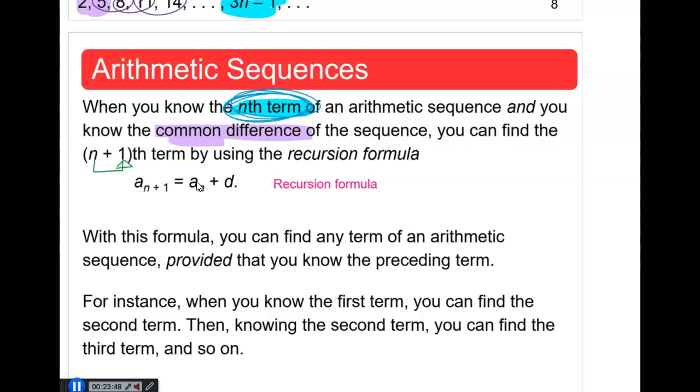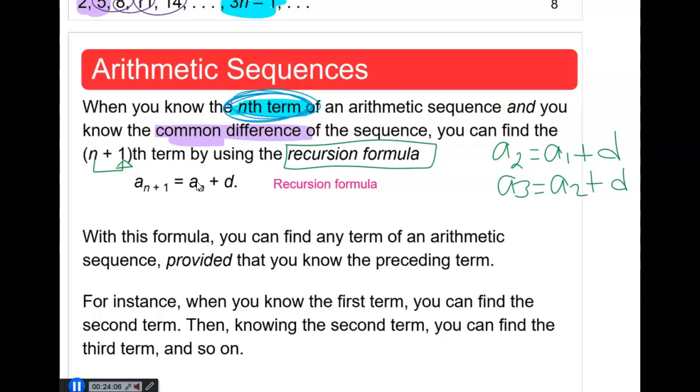And we could do that by using the recursion formula, just like we did at the beginning, or in fact in the last section. To find the second term, it will be a sub 1 plus d. Or to find the third term, it will be a sub 2 plus d. Or in this case, let's say a sub n, it will be the term before it.